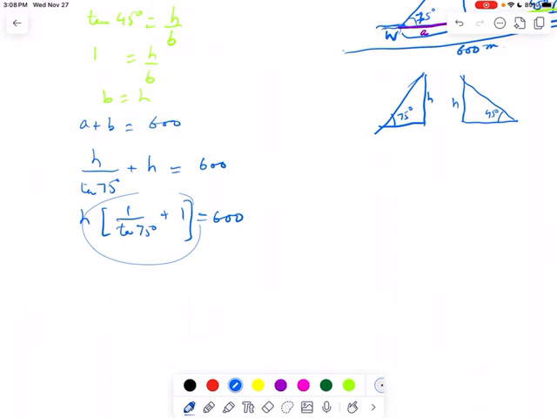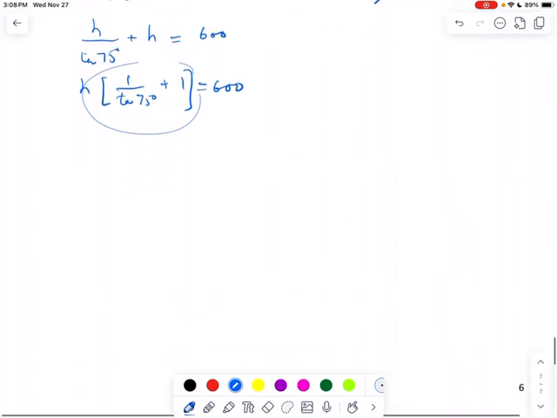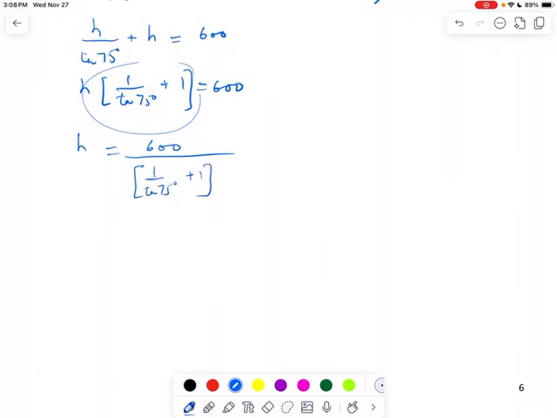To simplify it a little, h will be equal to 600 divided by 1 over tangent of 75 degrees plus 1. You can leave the answer like this, but I never leave the answer in a mixed or complex fraction. Always try to get it in a simple fraction, meaning there shouldn't be 3 steps in the fraction like we have here.